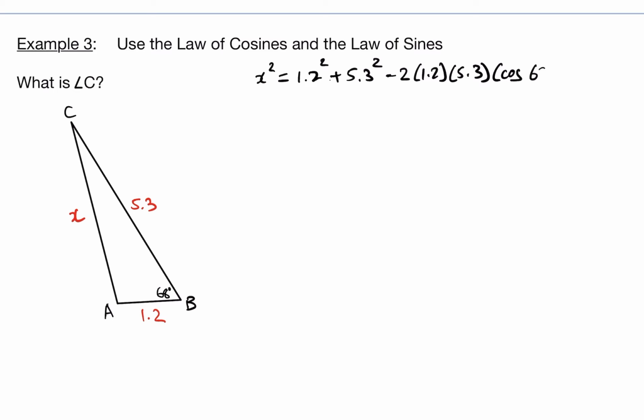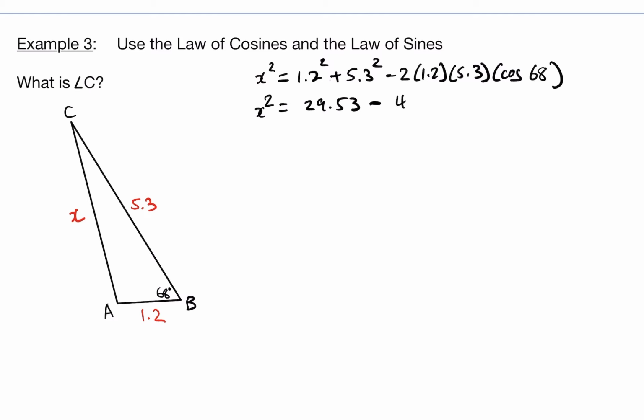In this case, it's 68, okay, so then x squared is going to equal, well, 1.2 squared plus 5.3 squared is equal to 29.53.